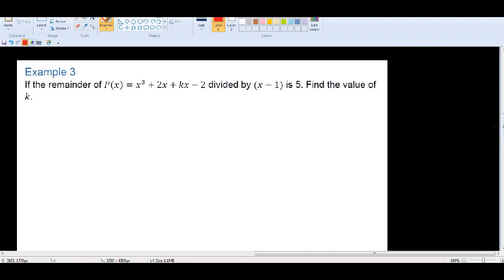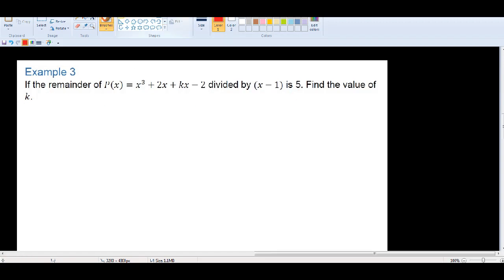So for example 3, the questions become a bit trickier. Again, you are given a polynomial, a cubic polynomial, then it's divided by x minus 1. But this time, you are not going to find the remainder. The remainder is given.